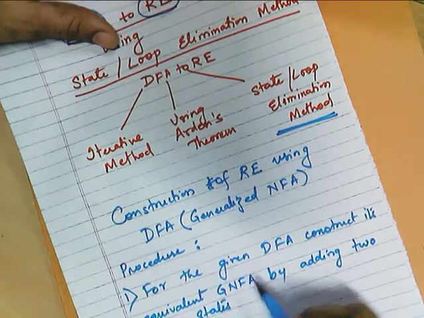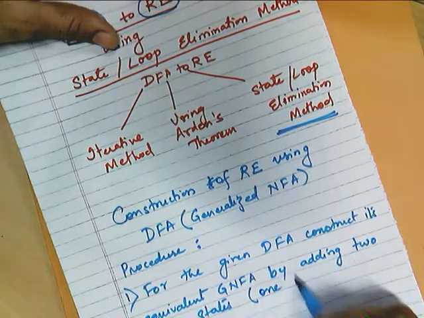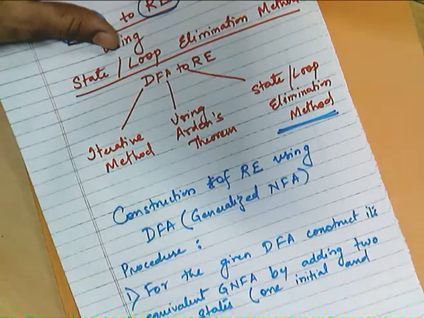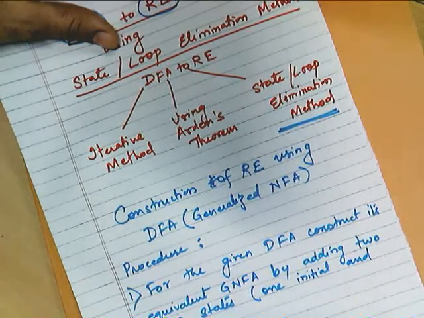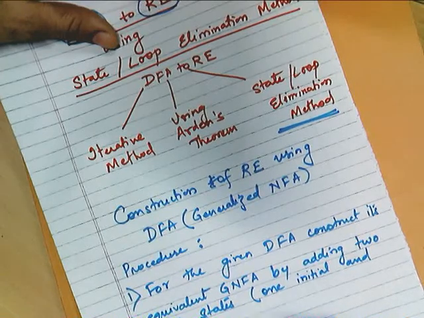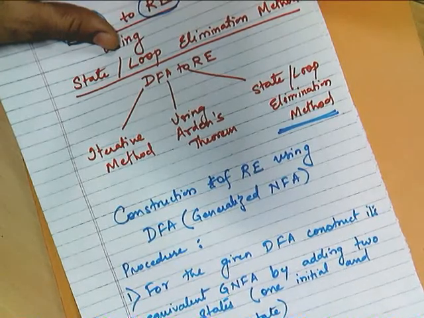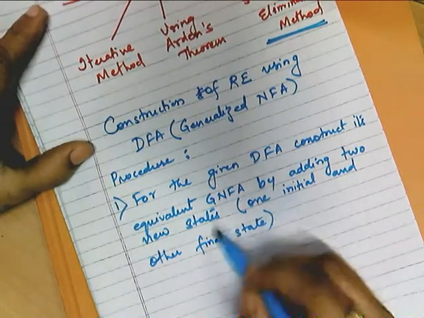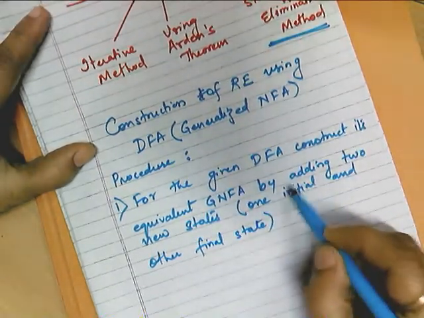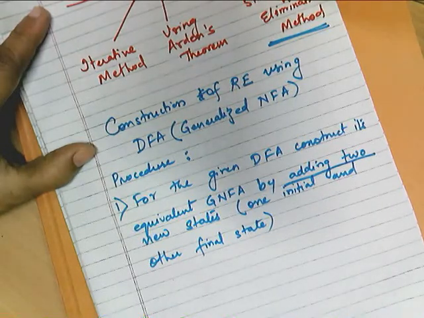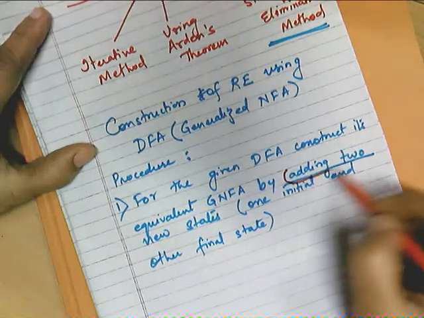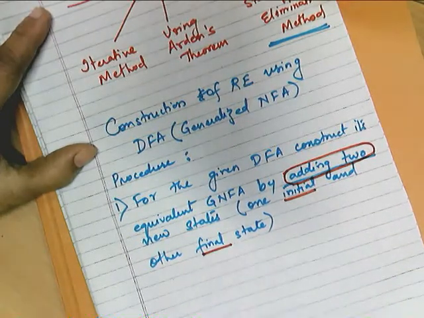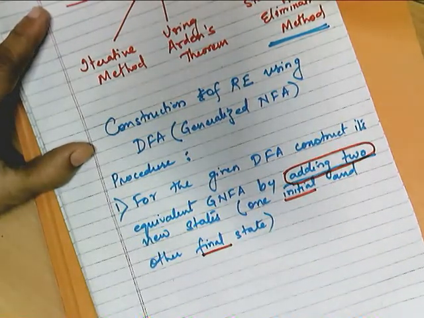Okay, one is initial state and other is final state. So you have to add two states, which are the initial and final state, to a given DFA. This is the first step.